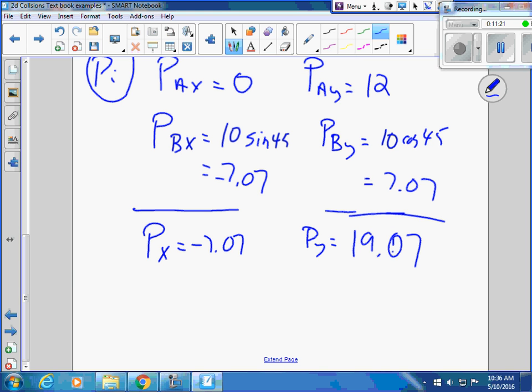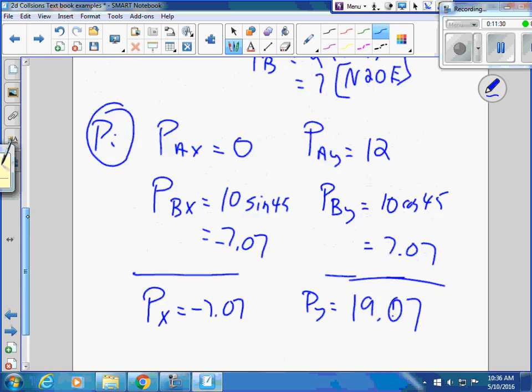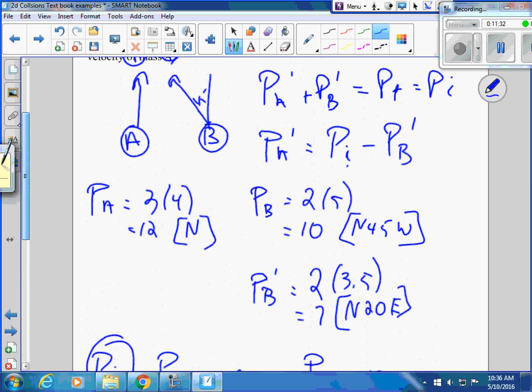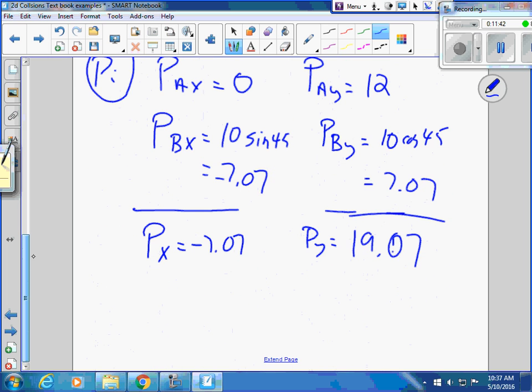Well, you should, but what are you going to end up doing in the next step after that? You're going to break them back into components, right? We've got initial momentum minus PB prime here, so I'm going to have to convert it back to components. There's no point in doing that right now. I think that's what I did on my original set of notes. Okay, so let's just leave it like that.